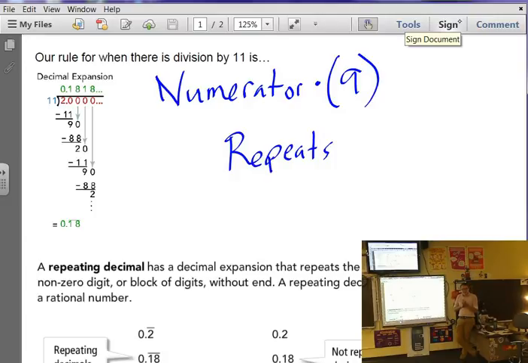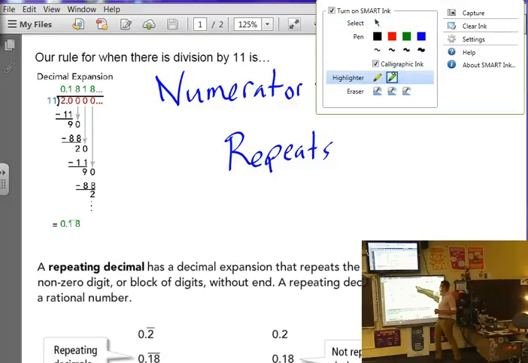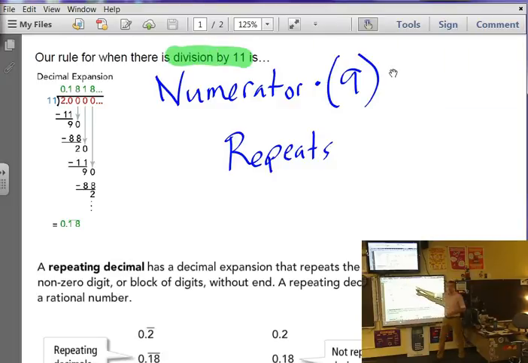Say that again, because I'm worried that what you said is not actually true. Dividing by 11. This is now division by 11. So division by, and this is what's weird, division by 11 multiplies by 9. Division by 9 just repeats whatever's on top.